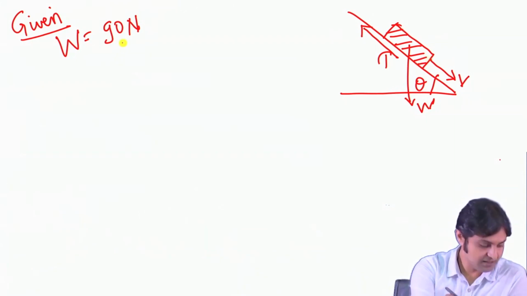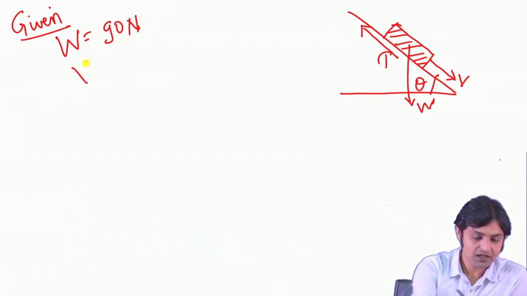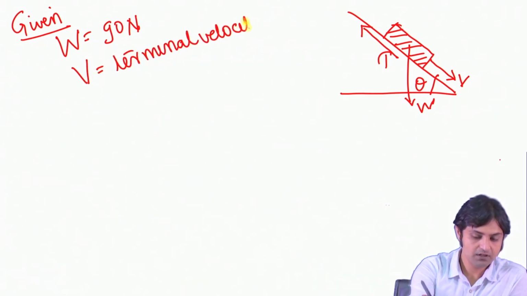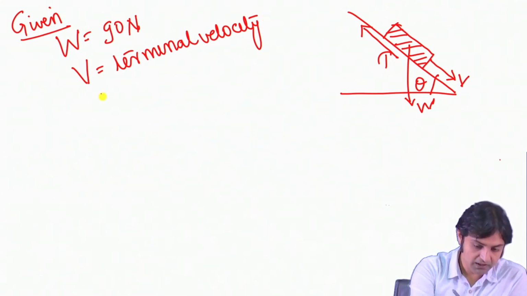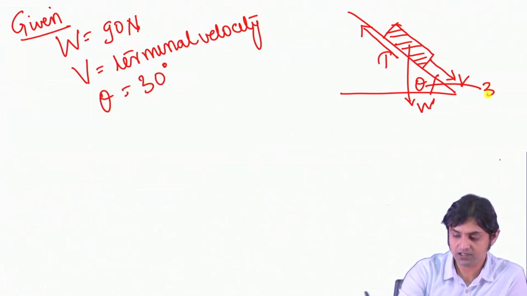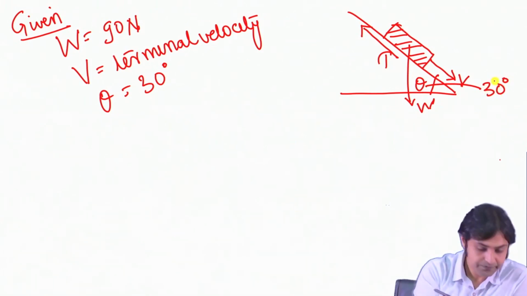So weight is given. Let's assume v is the terminal velocity, which is the value that is asked in the question, and theta is given as 30 degrees. So this theta is actually 30 degrees.